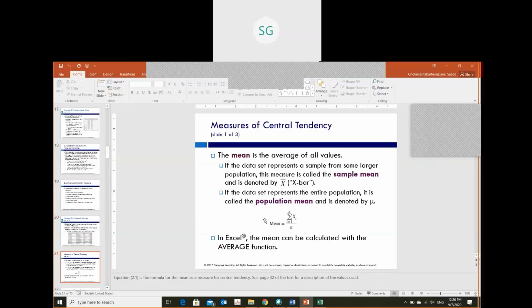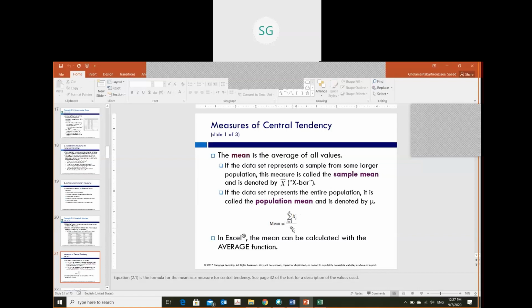So what is mean? Mean is the average of all values. In order to calculate the mean, we need to sum all of the values, its summation with this sigma symbol. It means we want to sum all the values from observation 1 to observation n, and then divide it by n, the number of observations.